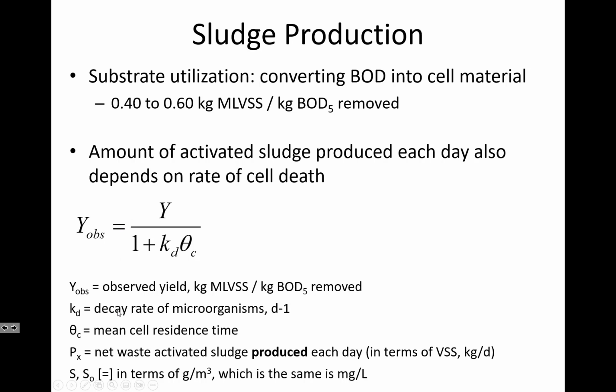Microorganisms have a growth rate, they have a death rate, and also we're keeping track of how long they spend in this recycle loop of the aeration basin and the secondary clarifier. The observed yield takes those factors into account and tells you how much actual growth of sludge there is, and not just how much growth of new mass there is.